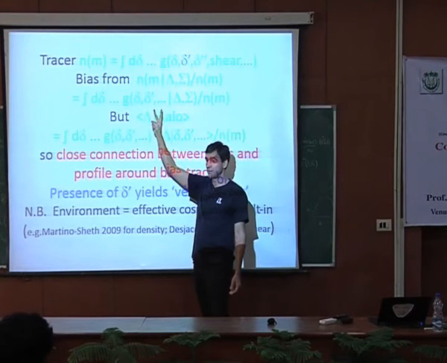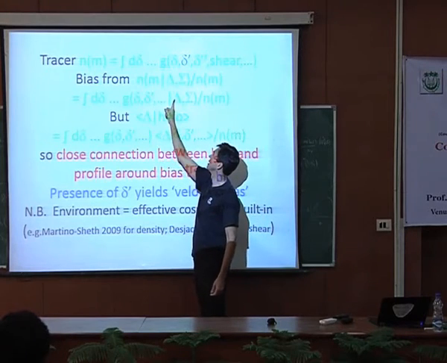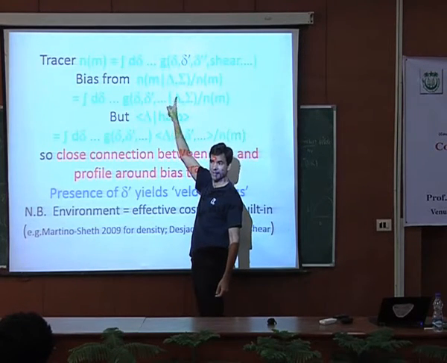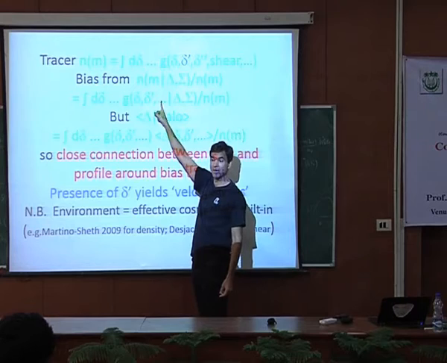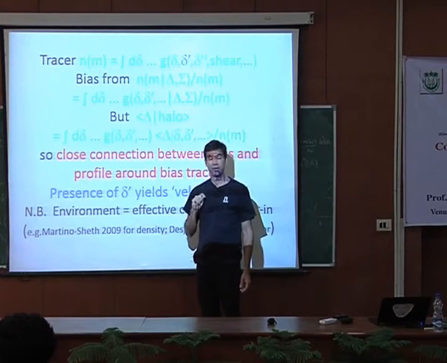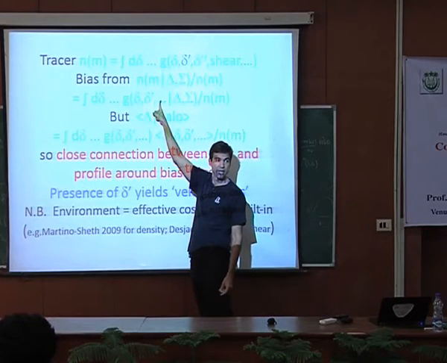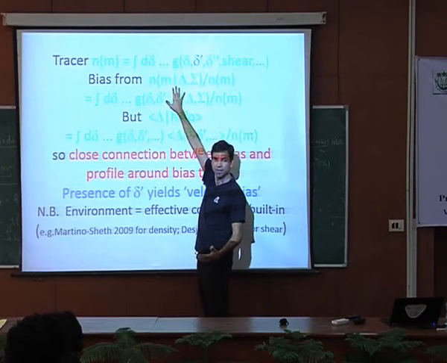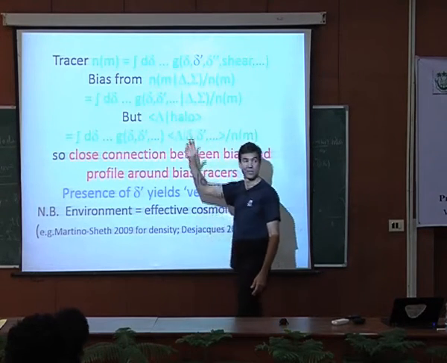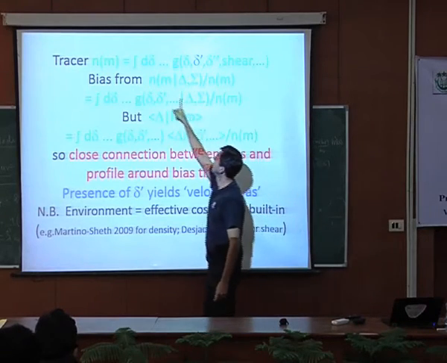That means the correlation between this term and delta with 2 derivatives will just have an extra power of k squared. And so I will get bias with k squared. I will get a constant number from here and something proportional to k squared from here, which is pretty physical.